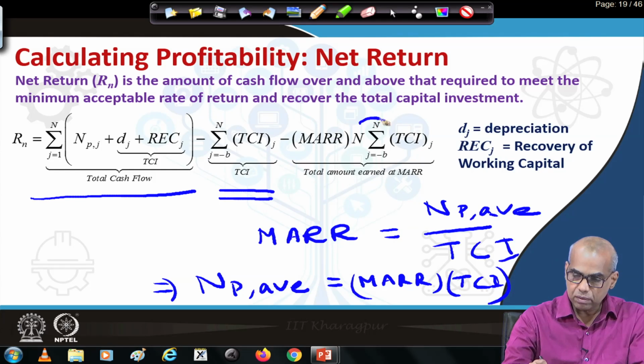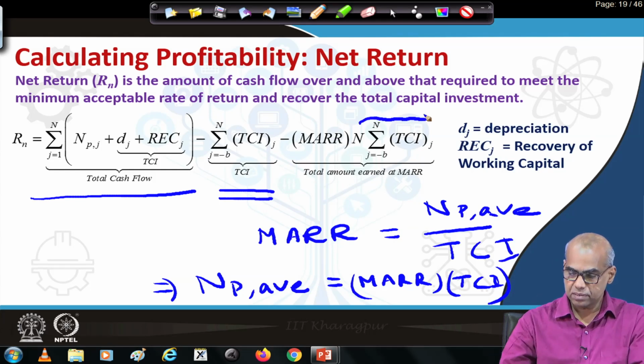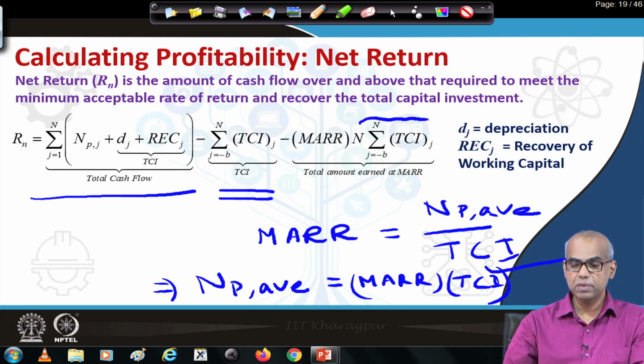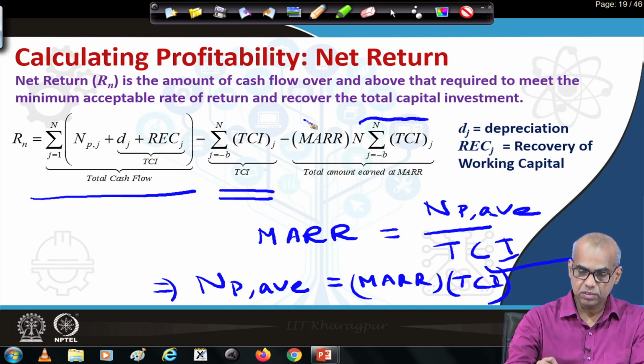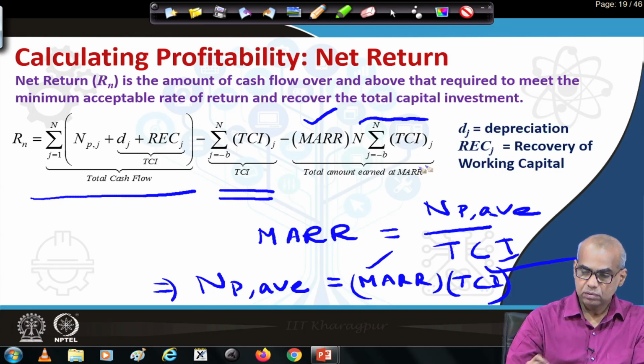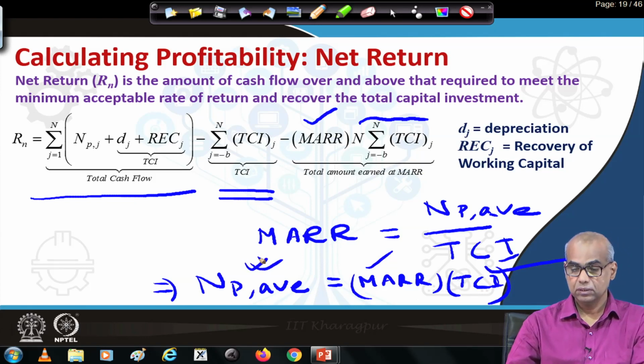So, this part represents the total capital investment. This is the minimum acceptable rate of return. So, their product represents the average profit.